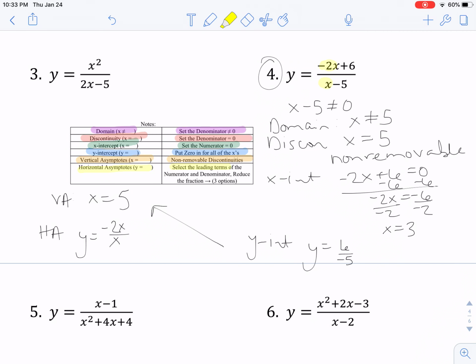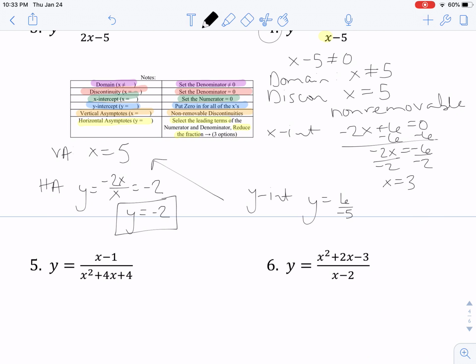Next it says reduce that fraction. I reduce that down to negative 2. From there, there are 3 different options. Sometimes it'll be like this example where it's just a constant. My x's went all the way away, and I'm left with just y equals negative 2. Then that's your horizontal asymptote.